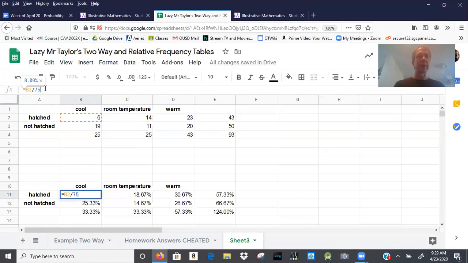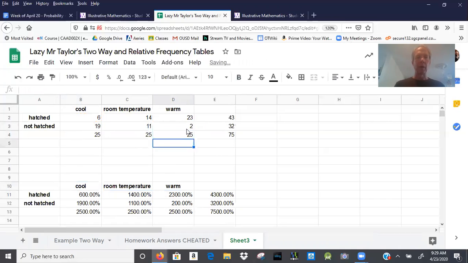So here's a little trick that very few people know. When I copy B2, I do want the B2 to become C2, D2, B3. I want it to update that. I want it to copy these numbers up here. But I don't want to move this thing. So let's go back to where it was. I want this to stay 75.